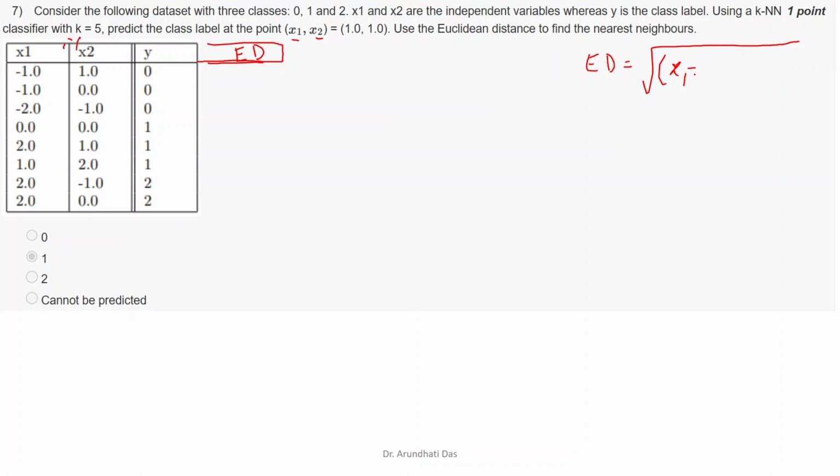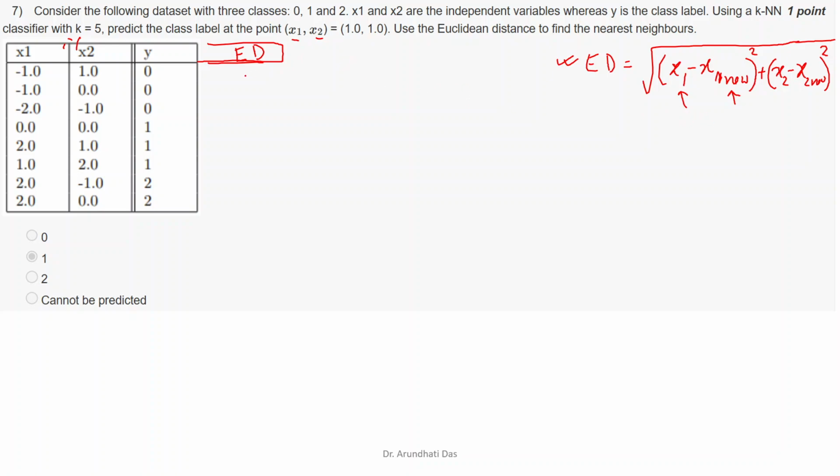So this x1 is the feature value in the data set, and let me consider x1 new, just renaming it, whole square, plus the second feature value x2 minus the second feature value from the new data point, whole square. This is the equation to find the Euclidean distance between the new data point and the existing data points in the data set.